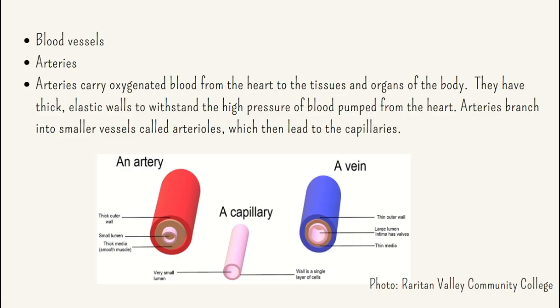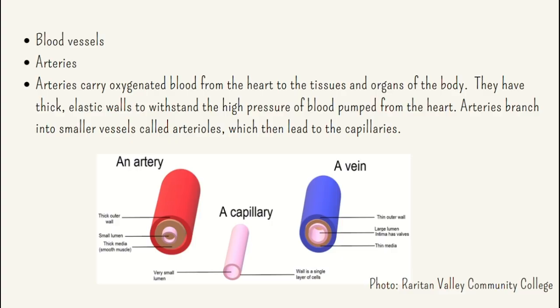Now if we use a big broad straw, it basically has lower pressure. That is what I'm trying to say. The bigger it is, the lower the pressure, and the more narrow or smaller the lumen is, the faster the pressure. So the blood is moving fast.